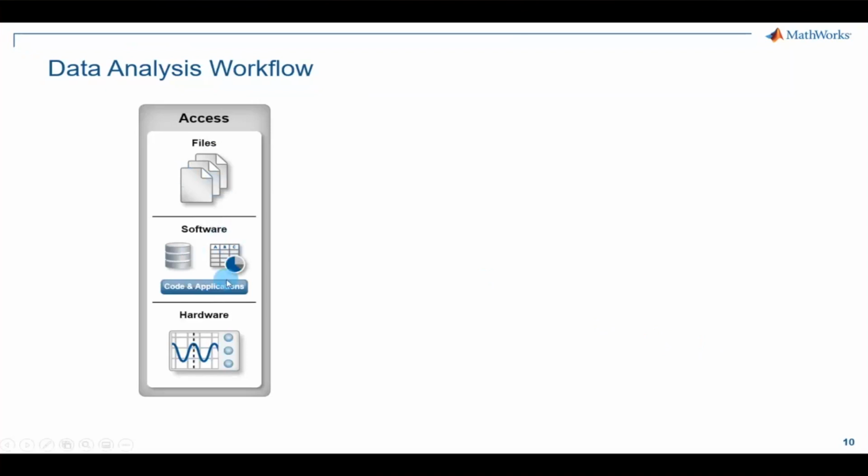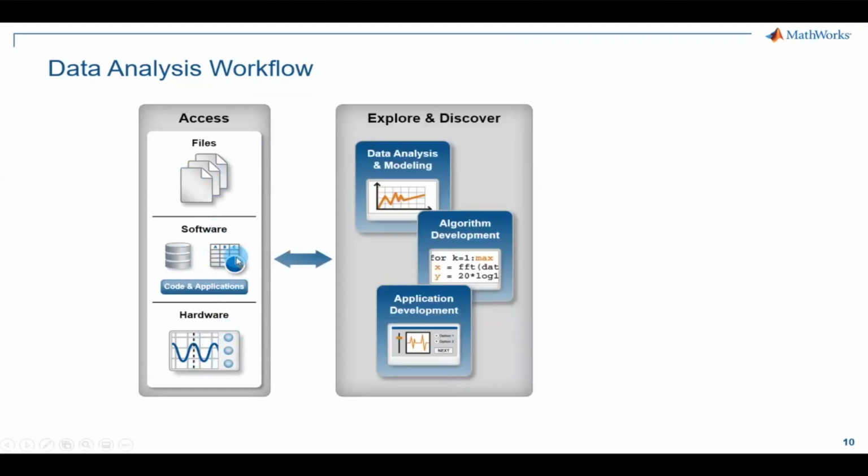Maybe you get it from third-party software. Heck, you might even have some hardware hooked up to your PC that you're getting some data from. The point of this is you want to go through this as quickly as possible. It's not really what I would call value added. And you want to move on as quickly as possible to the next part, which is exploring and discovering.